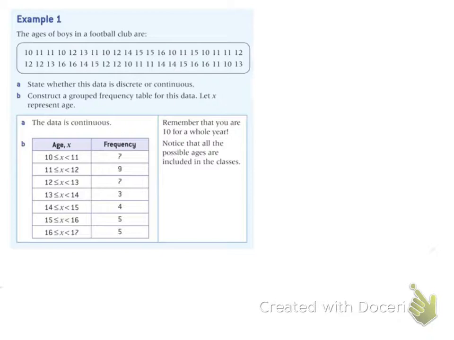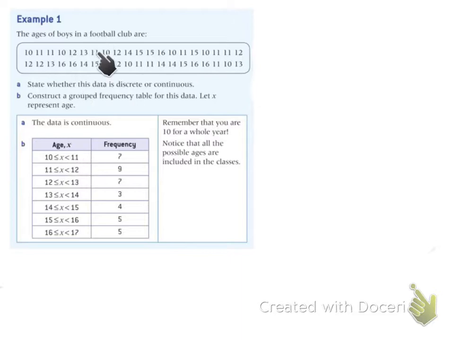And again, they say construct a grouped frequency table for this data. Now, guys, this might be the only way you can make it happen. This makes more sense to me because they should have said in our data, I'm 12 and a half, I'm 12.4, all the way up through 1 out of 12 months, 2 out of 12 months, 3 out of 12 months. So it makes sense that you have 10 to 11-year-olds.